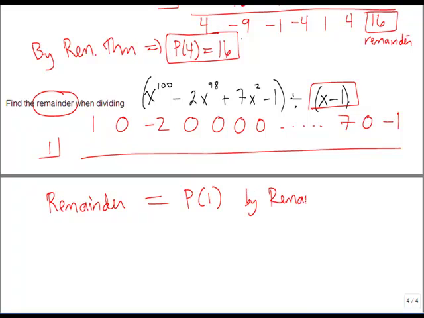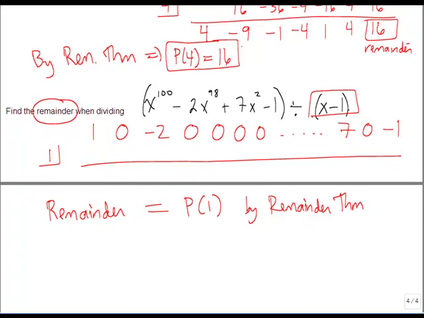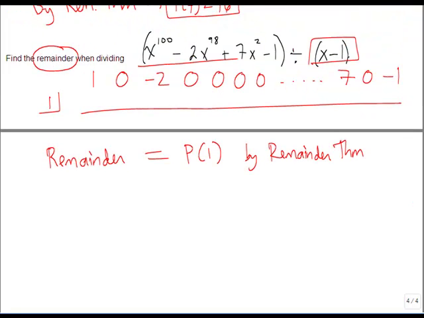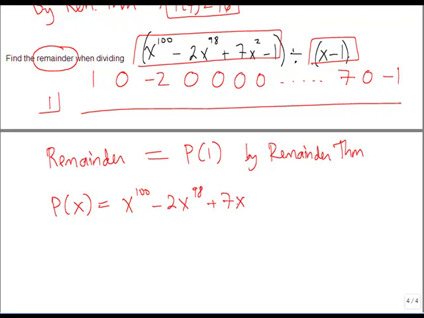So instead of doing all this long division with all these zeros that we're missing, we can take our polynomial, which is this 100th degree polynomial. I'll call it p of x. So p of x is x to the 100 minus 2x to the 98 plus 7x squared minus 1. And the remainder by dividing by x minus 1 is going to be the same as what I would have gotten if I had just substituted in 1 into this polynomial.